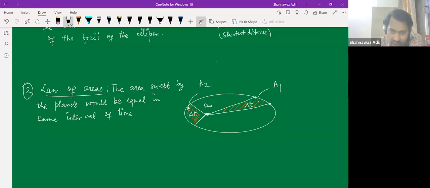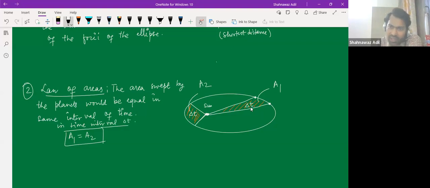When the Earth is closer to the Sun, it will move fast, and when the Earth is farthest from the Sun, it will go slowly. Both areas would be equal in the time interval delta t.